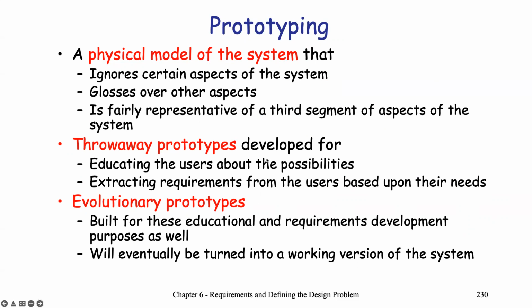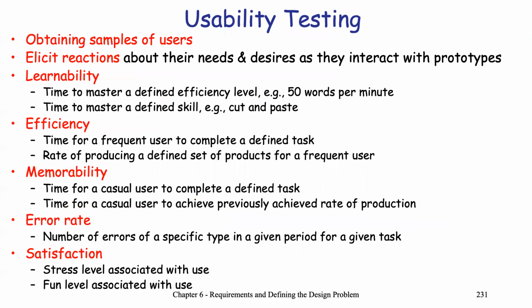You can have a throwaway prototype, and so this is educating the users on the possibility, maybe stressing it beyond normal values, so you can see how it would degrade. And then you can have evolutionary prototypes where you start to look at, well, what if we turn the knobs a little bit here because we're trying to squeak out a little bit more performance. And so those are another example of what you can do with prototyping.